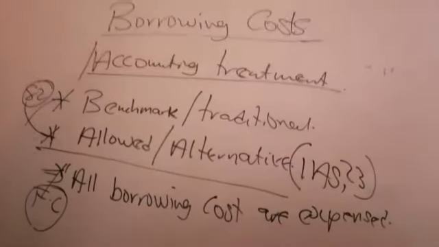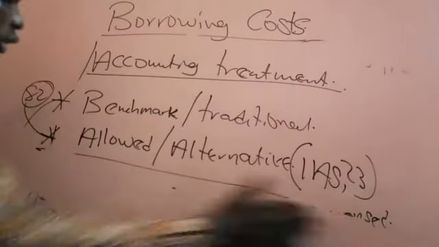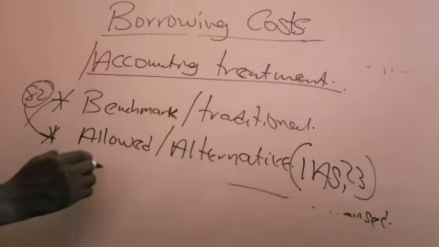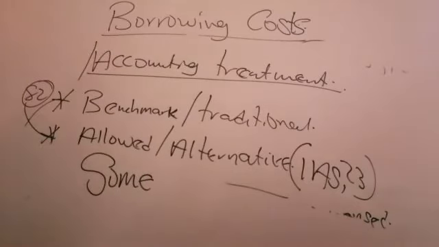Now let's look at the allowed or the alternative treatment. So IAS 23 is saying that, let me use capital letters, some of the borrowing costs eligible for capitalization must be capitalized.